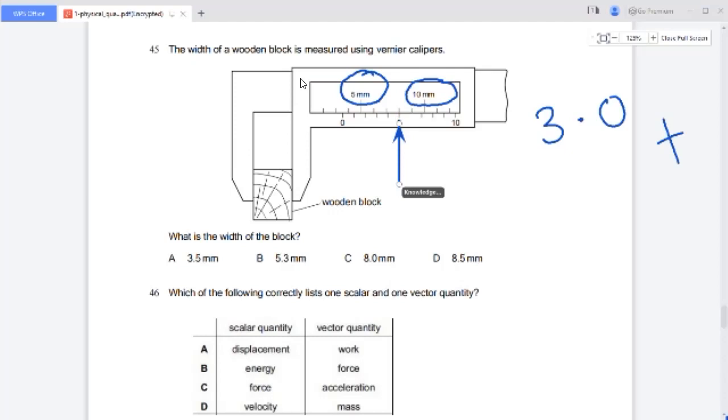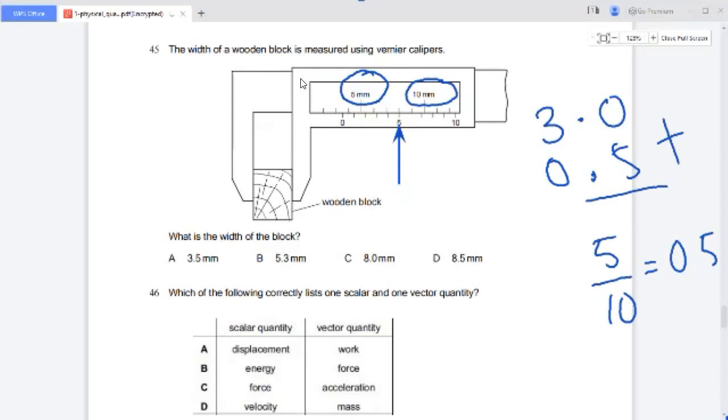So 5 divided by 10 would become 0.5. So 0.5 would be here, and overall the reading would be 3.5. So the correct option looks like this one.